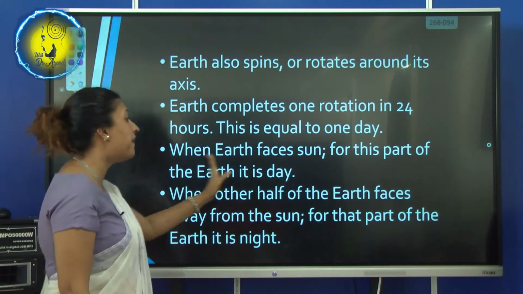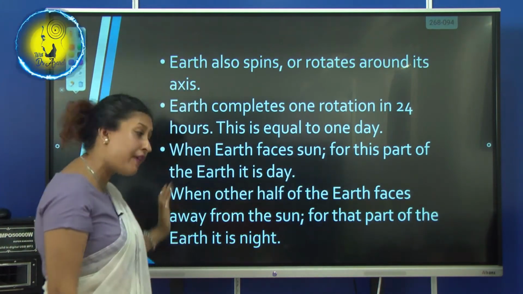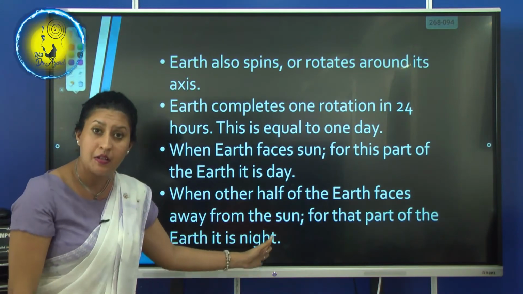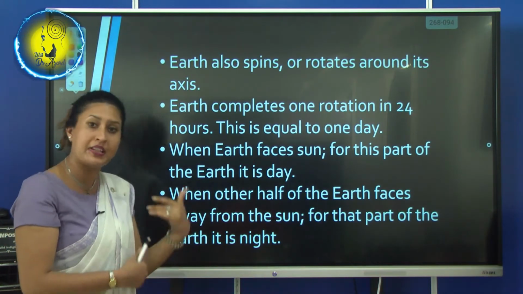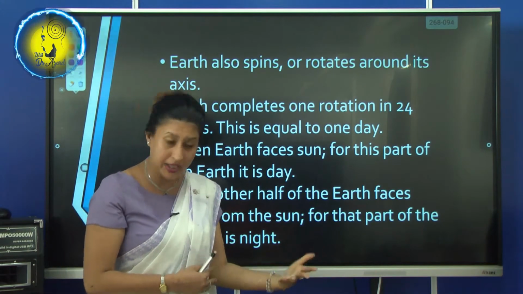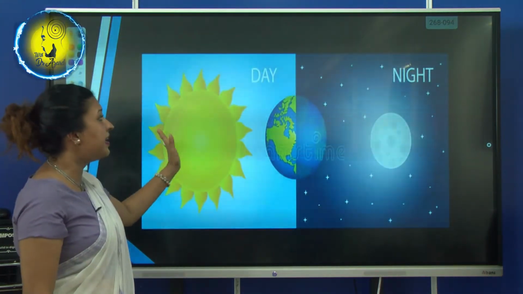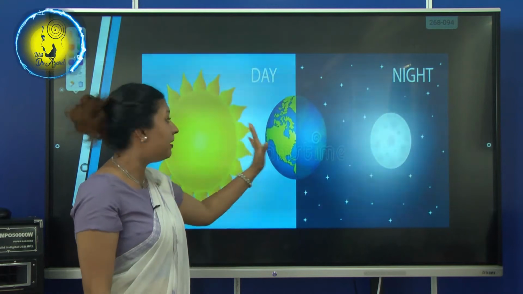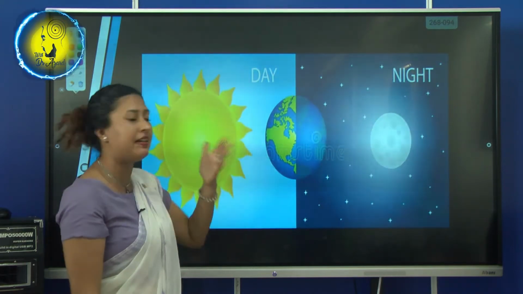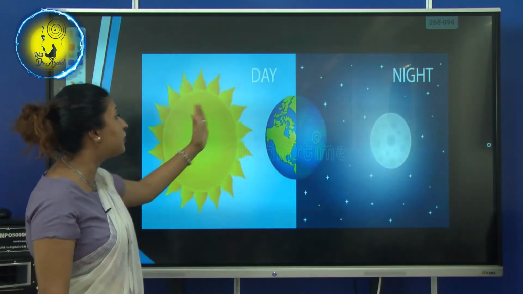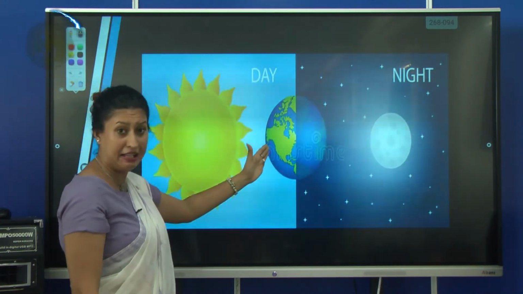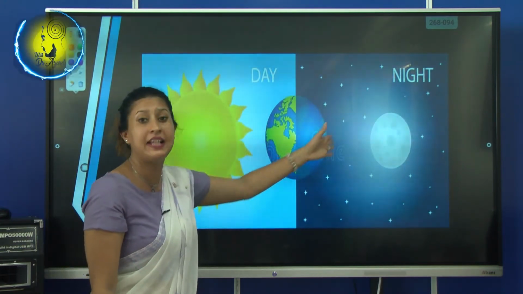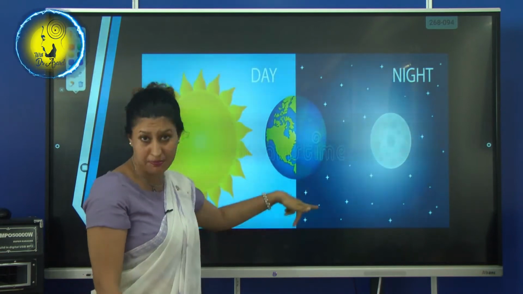So when the other half of the Earth faces away from the sun, what happens? We call that night time. For that part, it's night. Now see, this is a clear image of day and night. The sun is to this side, so the daytime comes here. To the other part, what happens? It's night. This is what I explained earlier.